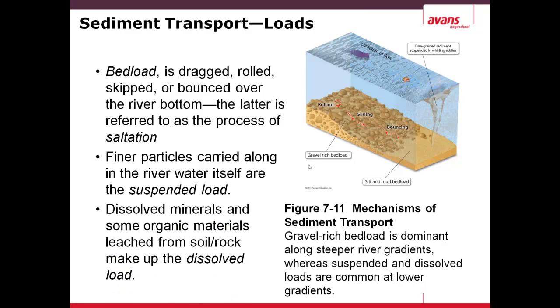And dissolved minerals and organic materials, which are leached from the soil or the rock within the watershed, are called the dissolved load. The dissolved load is a very important part of a river and of flooding, because these dissolved minerals enrich the soil around the river.